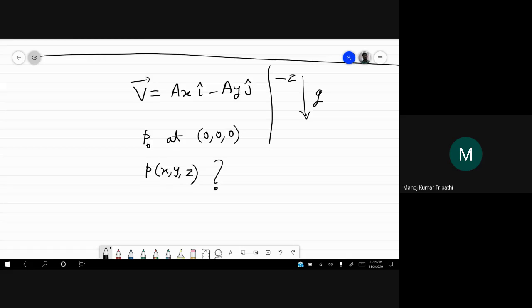Okay. So Bernoulli equation is valid only along a streamline. If pressure at origin is given, then pressure at any other point along a particular streamline can be found out using Bernoulli equation.